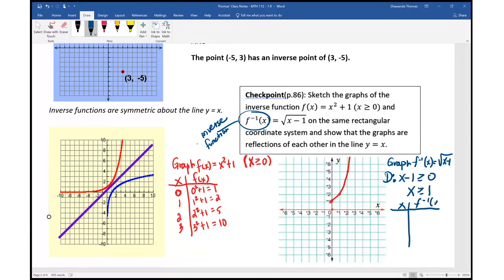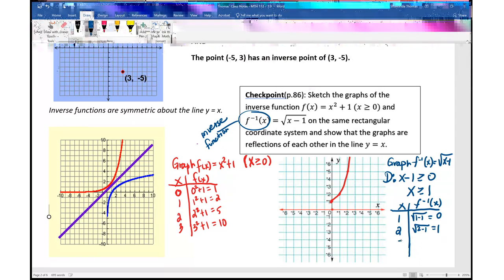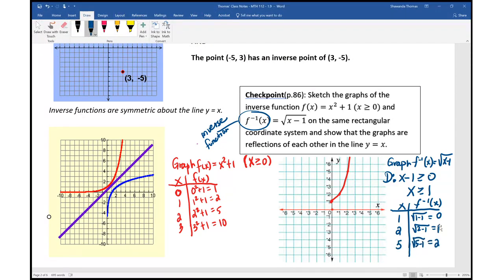So 1, for example, will work. That's a nice number to plug in. You get 0. What about 2? 2 is looking good. 2 minus 1, square root of 1, which is 1. I think the number 5 would be good because the square root of 5 minus 1 is the square root of 4, which is 2, for example. So let's plot those points. (1, 0), (2, 1), and (5, 2).